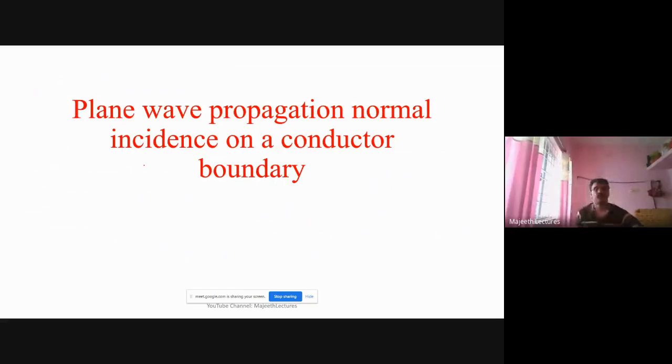Next, wave propagation, normal incidence on a conductor boundary. These are all very, very important. So far we studied when a wave propagates through a conductor or dielectric medium, that is a homogeneous medium. Homogeneous medium means the parameters are independent of location.